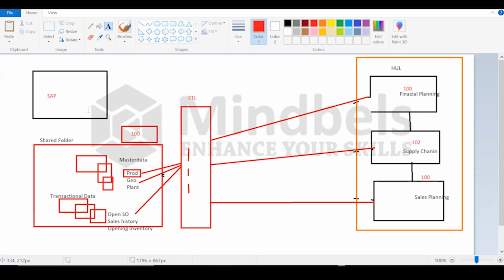Trust me, in a real time scenario, they will not share the product files with you. One day it's okay, two days it's okay, but you will keep on asking for the same product file, so they won't allow it. At the same time, they will get irritated with you. They think you don't know anything and keep on irritating them, that you don't know how to do the process.